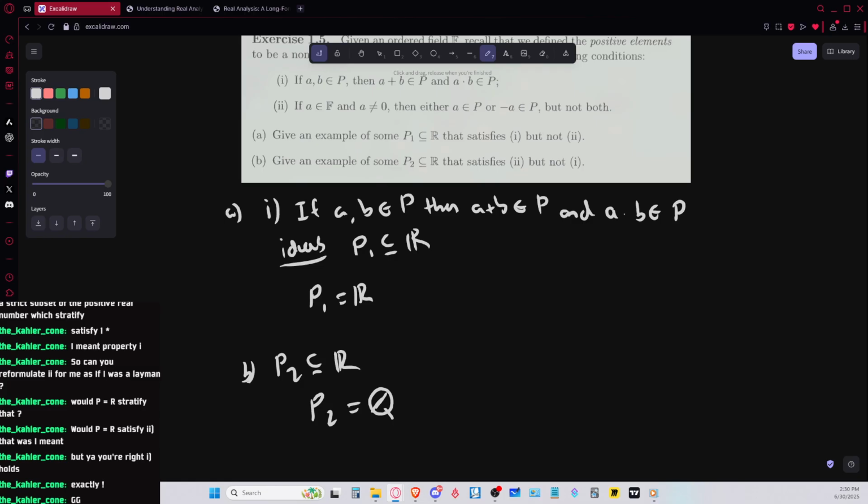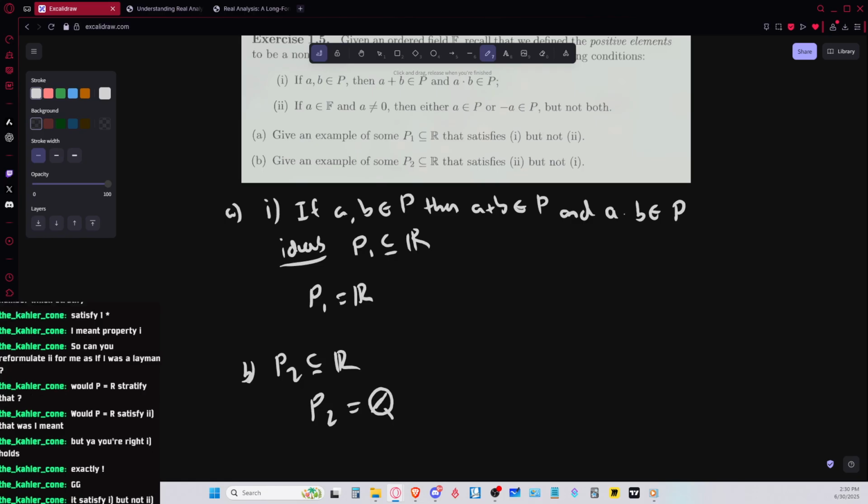But I'm trying to think it all the way through, to make sure that is the correct way of thinking about it. Yeah, because it has both the negative numbers, that doesn't work.